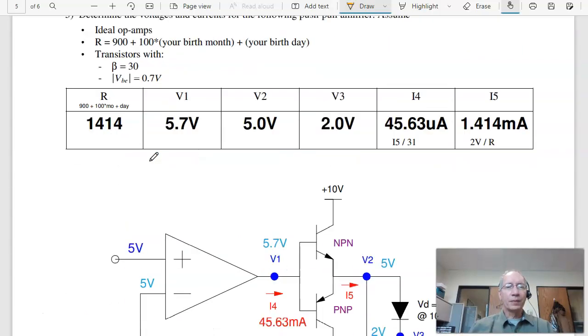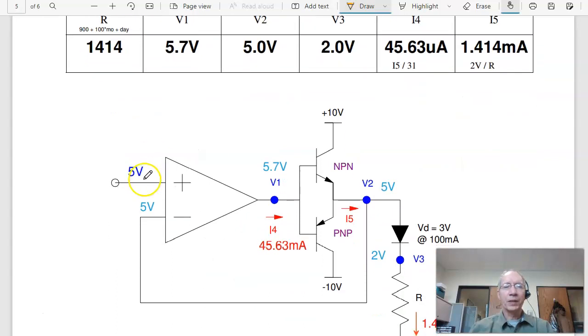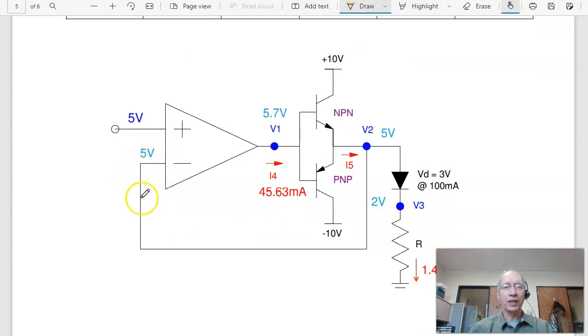Problem 5 is find the voltages and currents. So if the input is 5 volts, V plus equals V minus, this is also 5 volts. This is 5 volts. If this is a diode with a 3 volt drop, this makes V3 2 volts. And if there's a 0.7 volt drop across the transistor, this is 5.7 volts. And this one's off, this one's on. It's actually active region.